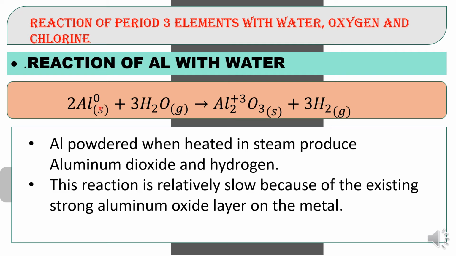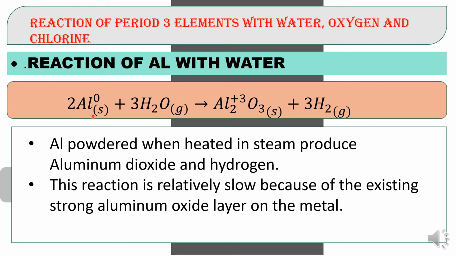You can see here on the screen that this reaction is relatively slow because of the strong aluminium oxide layer on the metal. This is the next reason for the slower aluminium reaction. As I told you, we use the powder form of aluminium metal. Why? Because aluminium oxide is hard.